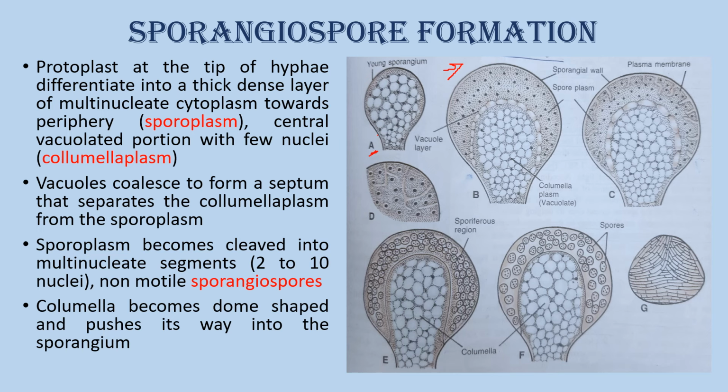The peripheral portion has dense cytoplasm and is filled with nuclei, and we see several nuclei, these black dots.